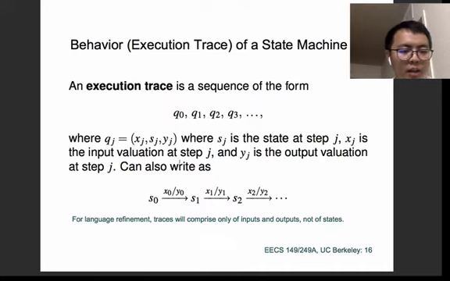For state S0, our input is x0, and we will get the output y0, and then it will transition into S1. For language refinement, the traces will comprise only of the inputs and the outputs, not the states. You only care about the x0 and y0 instead of the S1.